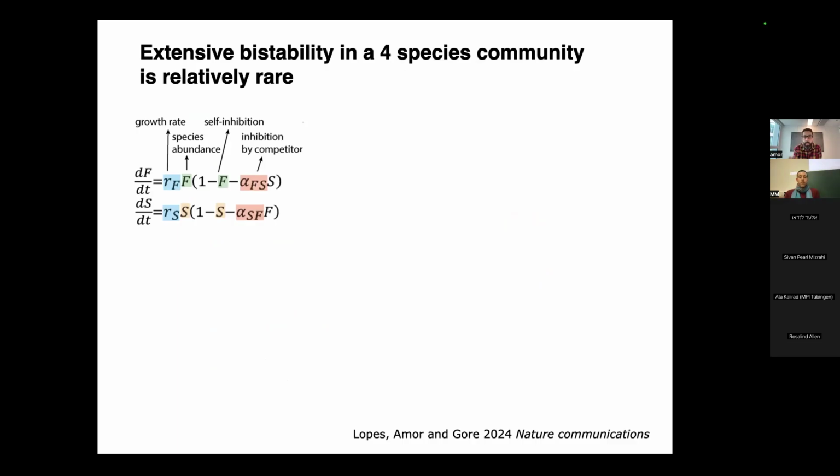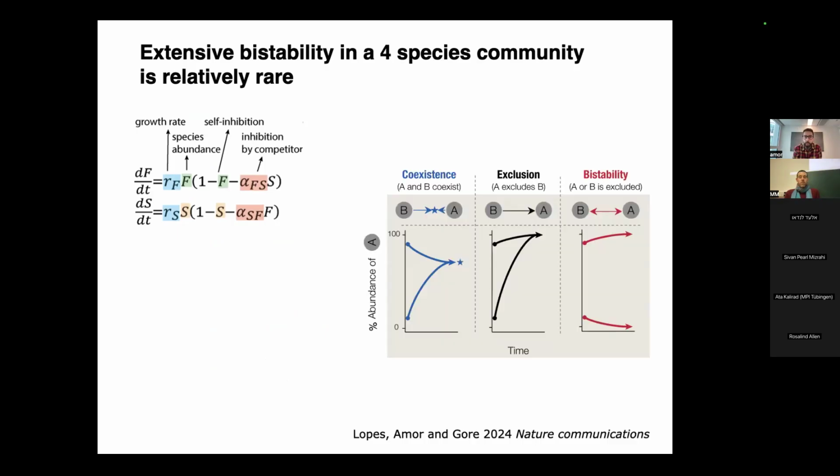So depending on how strong is the inhibition by the competitor, we can have generally these three canonical outcomes of the competition. So if the interaction terms or the competition between the species is not very strong, we will expect some coexistence among two pairs of microbes.